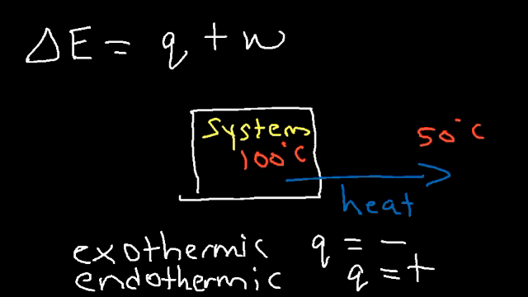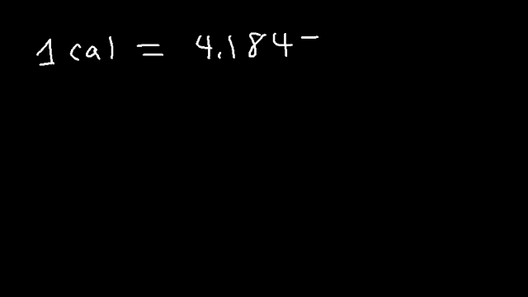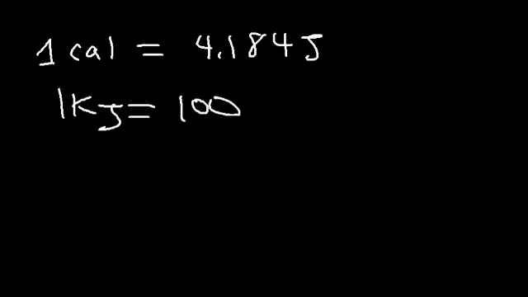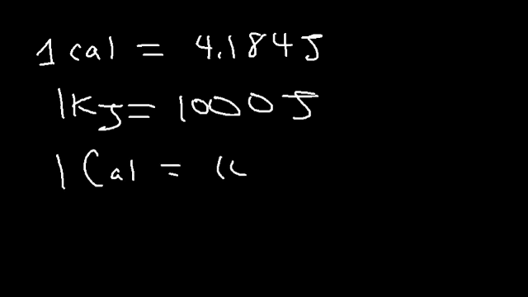It can be kilojoules or calories. W stands for work. You need to know that 1 lowercase calorie is equal to 4.184 joules. 1 kilojoule is about 1,000 joules. And a capital calorie is 1,000 lowercase calories.